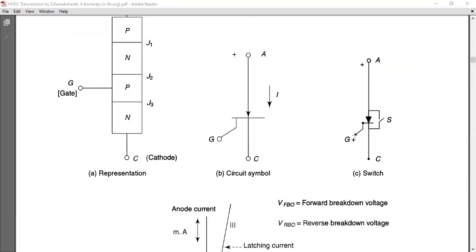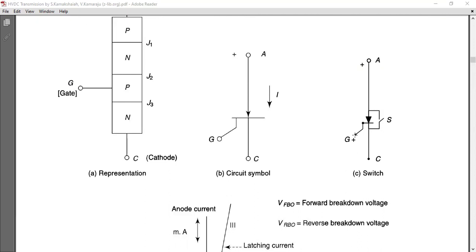Or if you exceed the dV by dt rating of the SCR. Okay, so if the dV by dt rating is increased up to some limit, then we can turn on the SCR. And the last one is irradiation of the gate cathode junction.